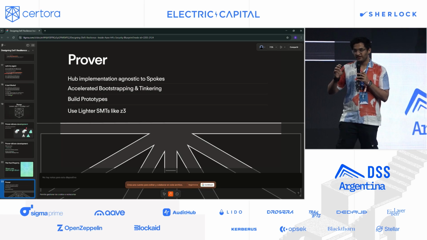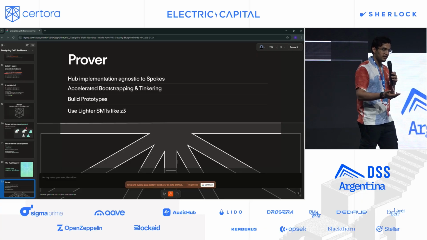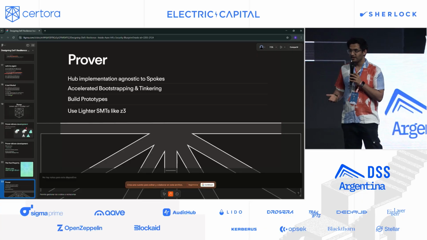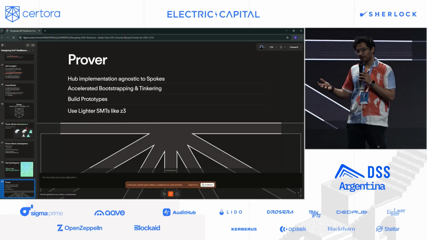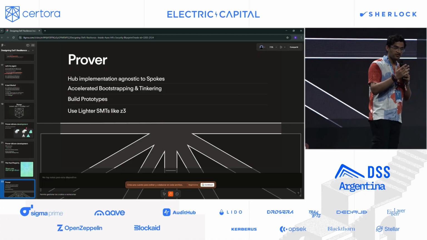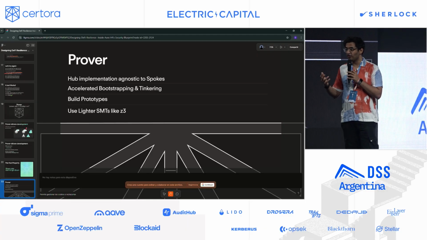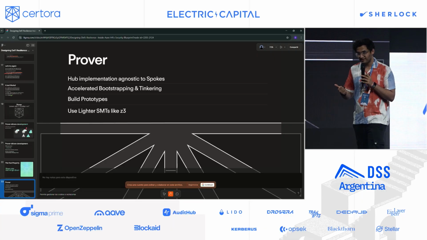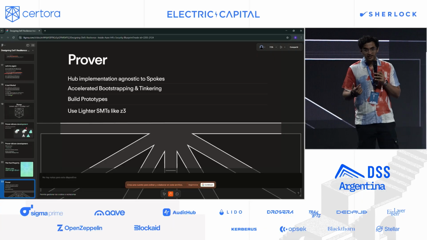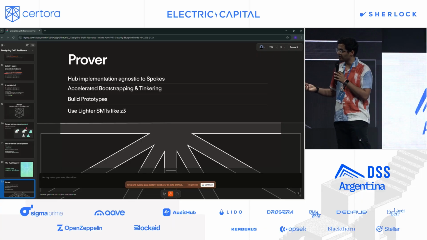Now that we have the hub properties written, tinkering and experimenting with new kinds of spoke designs is extremely easy and straightforward, because you type out your spoke, you can test it against the hub property very soon and find out if it's compatible and if it does not break any core invariants of the protocol. You just need to adhere to the hub interface and run the Certora Prover once. This way you can test and tinker with your ideas and accelerate your development quite fast.